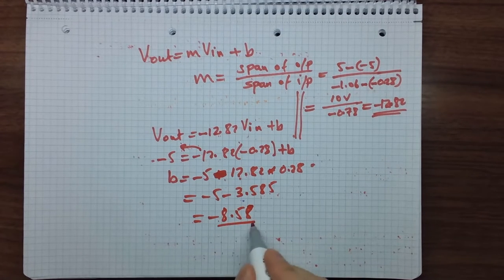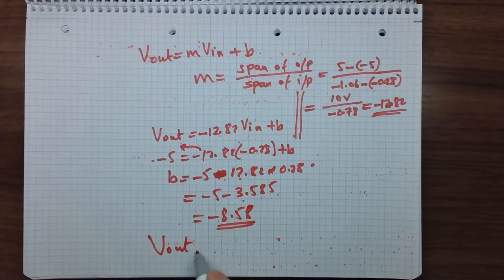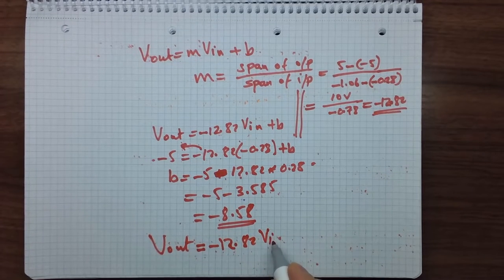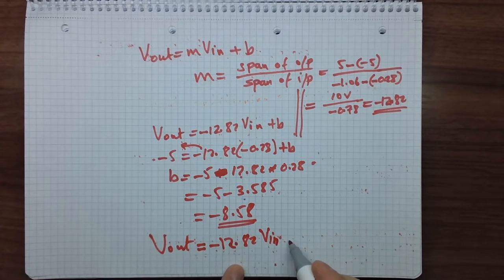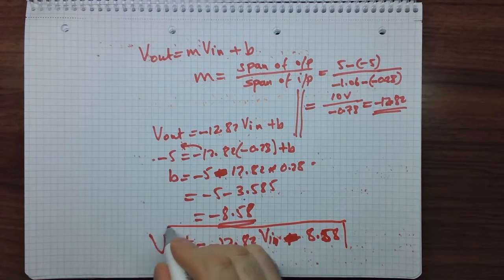This is the value of B. So Vout is equal to minus 12.82, this is the M value or the gain, times Vn plus B, which in this case is minus 8.58. This is the final equation.